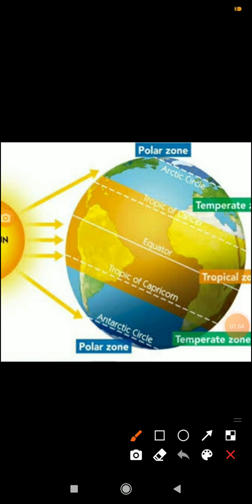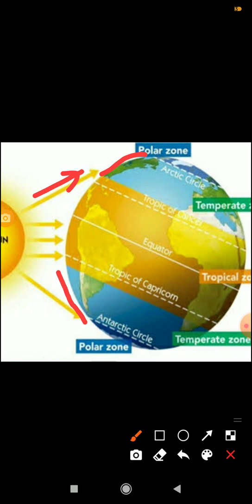Now, coming to the second type of heat zone, as we move towards the poles from the center or the equator, the angle of the sun rays goes on decreasing, as you can see here. So, the temperate zone lies between the Tropic of Cancer and the Arctic Circle in the northern hemisphere and the Tropic of Capricorn and the Antarctic Circle in the southern hemisphere. So, we have two temperate zones.